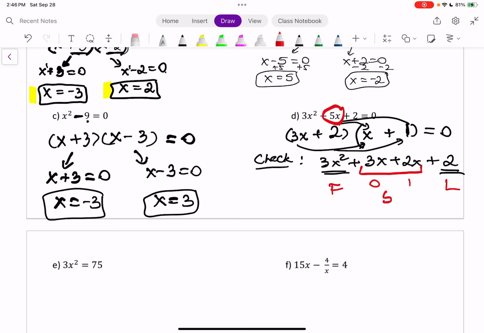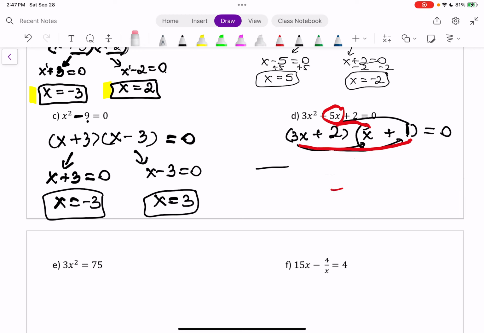And yes, they do. So you don't need to check the front and the last. You just need to check the outers and the inners and see if they give you the positive 5 you have. And they do. So, in other words, we factored correctly.